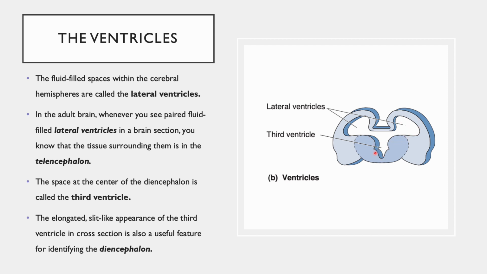In the adult brain, whenever you see these paired lateral ventricles, you know this tissue that's surrounding them is the telencephalon. The space at the center of the diencephalon here is the third ventricle. And if you remember, the diencephalon here is going to end up being our thalamus in adulthood.